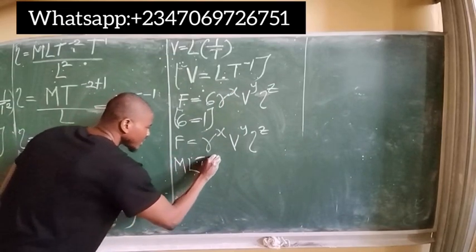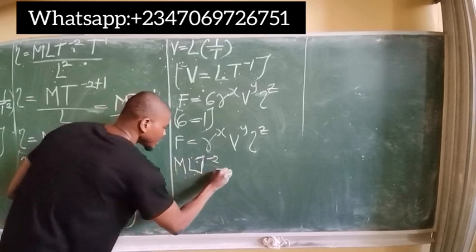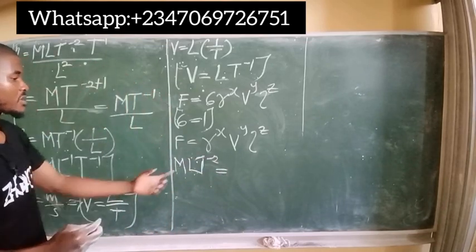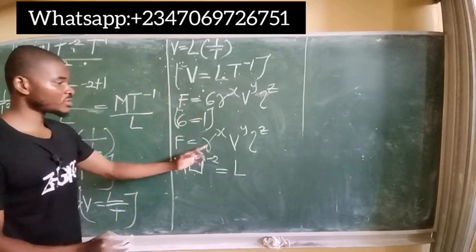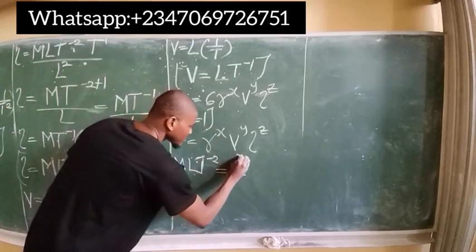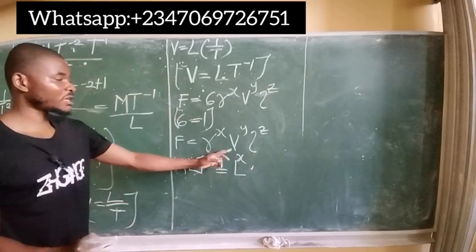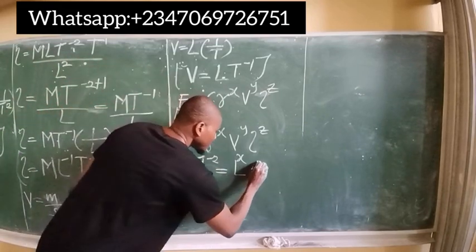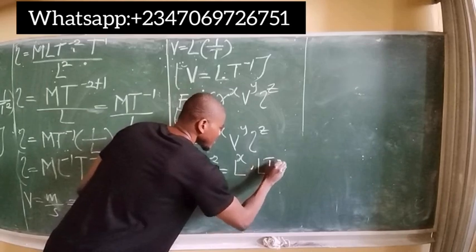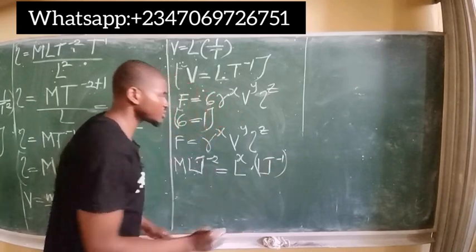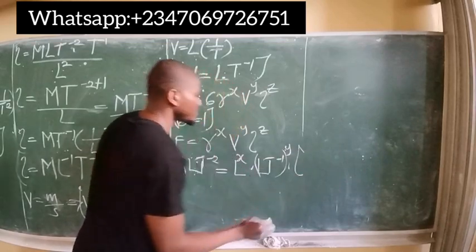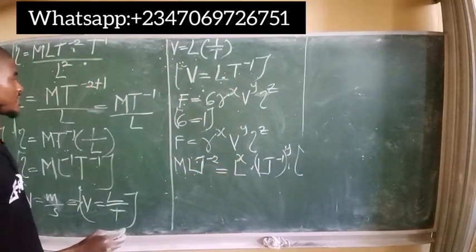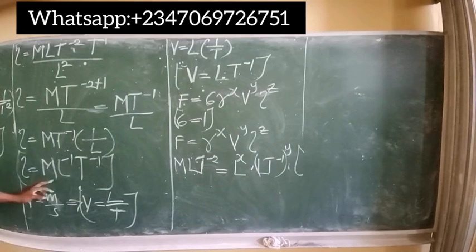L T minus 2. Okay, and this is equal to, then we obtain the dimension for radius as simply L, not forgetting radius is to the power of x, so it becomes L to the power of x, times, we obtain the dimension for velocity as simply L T to the power of minus 1, not forgetting to the power of y here, raised to the power of y, and then we obtain the dimension of viscosity as simply M L to the power of minus 1 T to the power of minus 1.